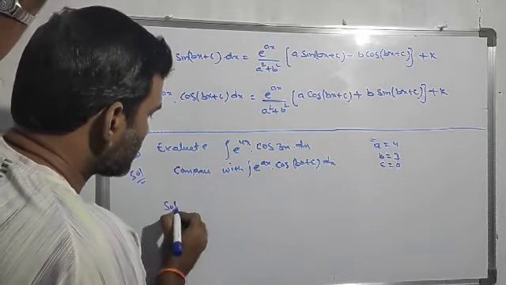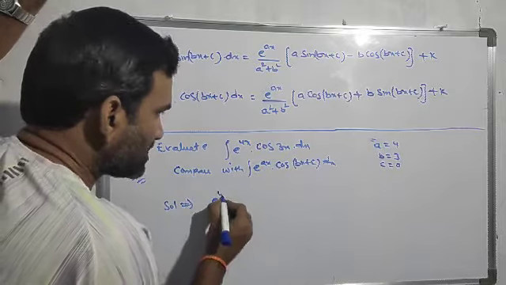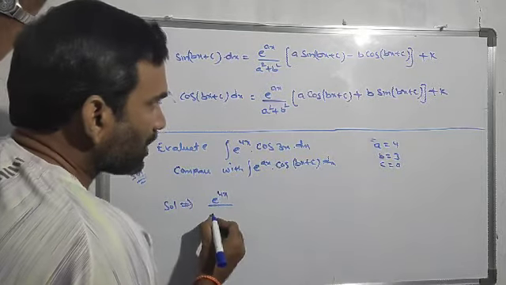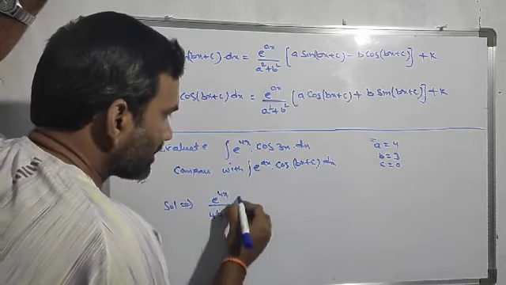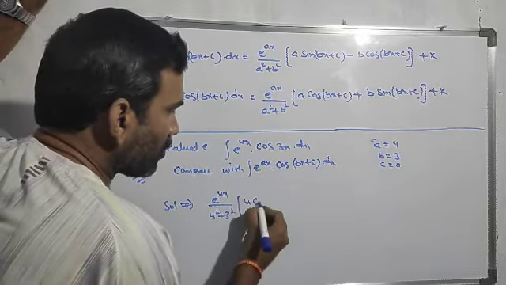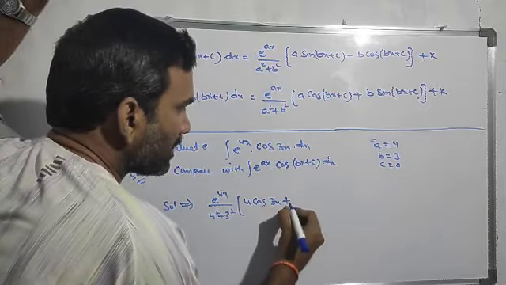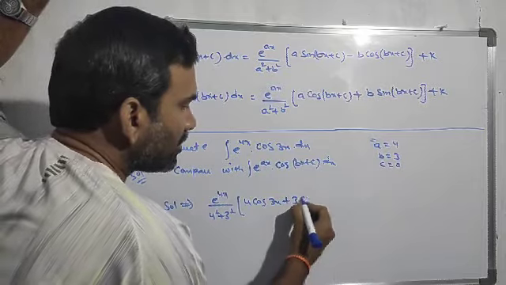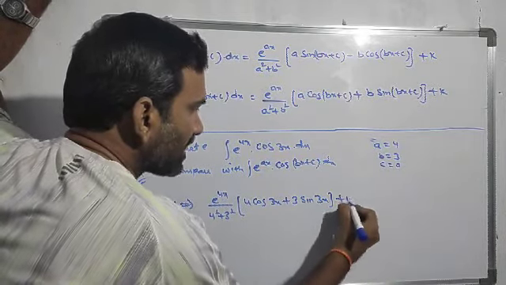What is the solution? You can write it very easily. E power ax, that means 4x, by a square plus b square, 4 square plus 3 square, into a cos of bx plus c, that means 4 cos 3x, plus b sine of bx plus c, 3 sine 3x, plus k.